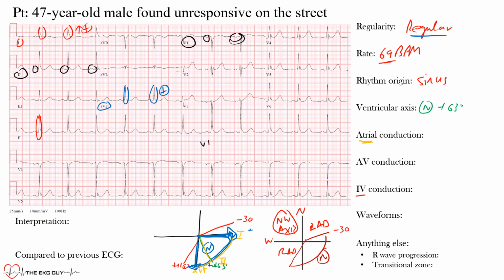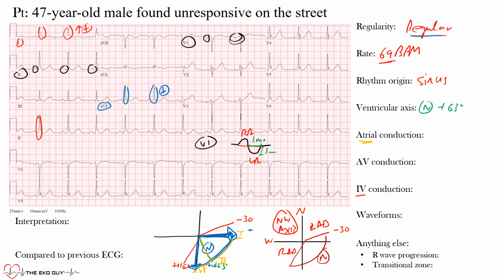Well, in V1, if you see these biphasic P waves, which are normal, remember, the beginning represents right atrial depolarization. This represents left atrial depolarization. So right atrial abnormalities, we look here. Left atrial abnormalities, we look at the terminal portion, in sinus rhythm, that is. So if this is 1 millimeter and this is 1 millimeter, that meets the criteria for left atrial enlargement.